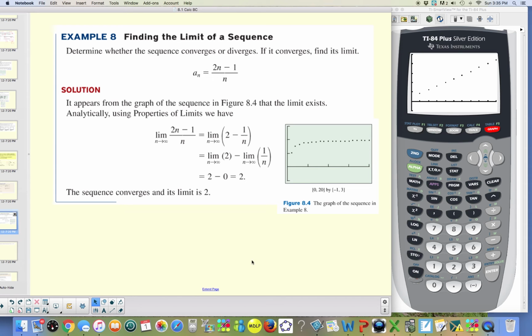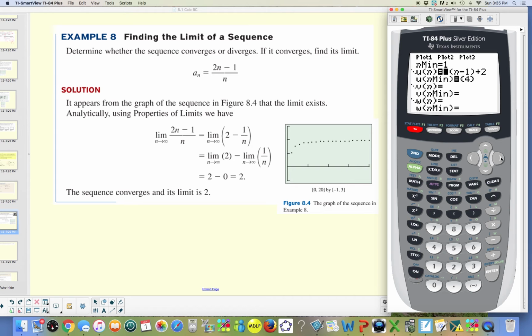First, let's do it graphically. We're going to go to y equals. I am going to clear this and write parentheses 2, hit your variable key, minus 1, and then divided by the variable. Our first term, I'm going to let it start at 1, and so when I let it be 1, that's going to be 1 as well.